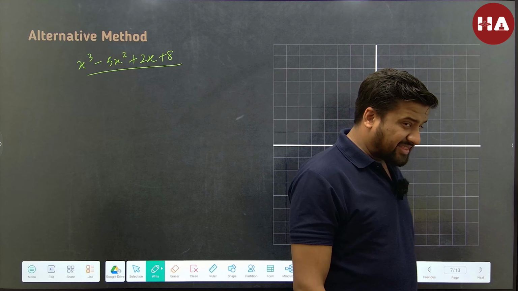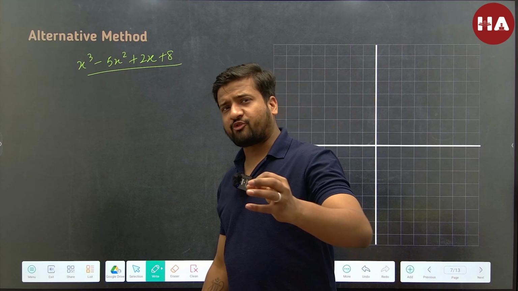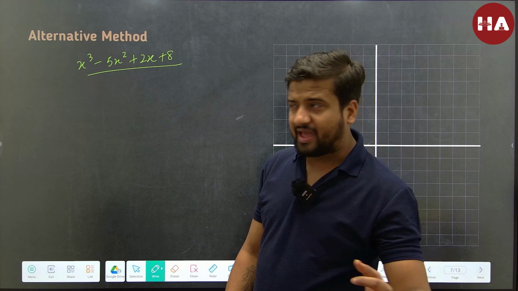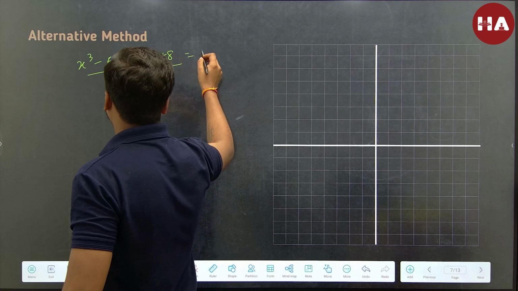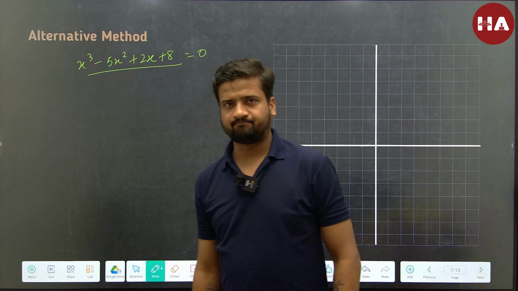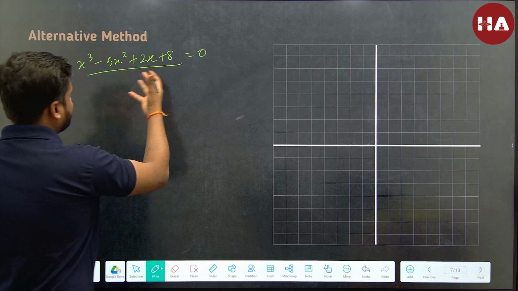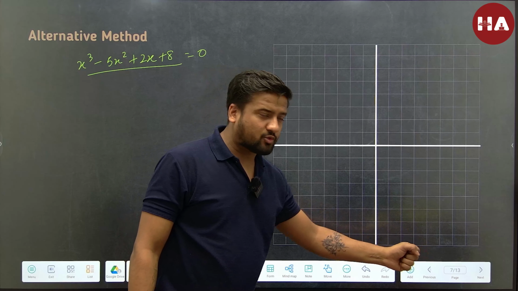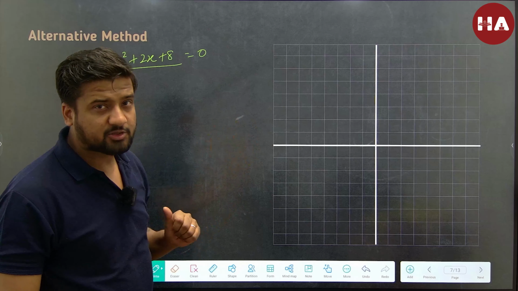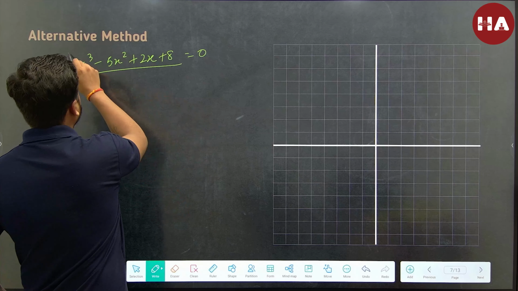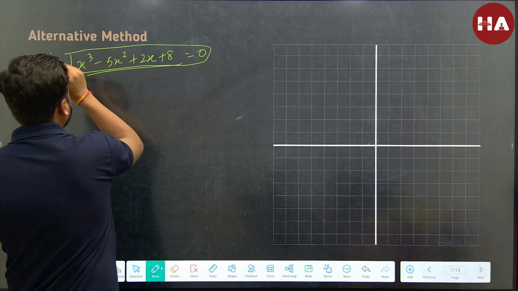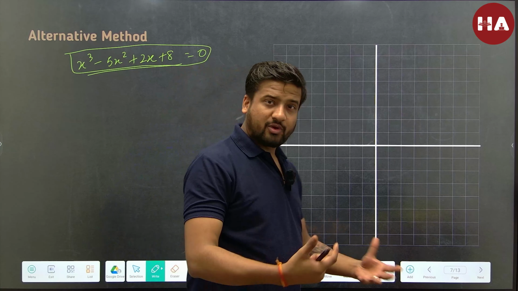Now the thing is, if I can find one value of x for which this entire equation becomes equal to 0, that is, we already know that one of the roots will be x equals -1. So x equals -1 will satisfy this equation, right?